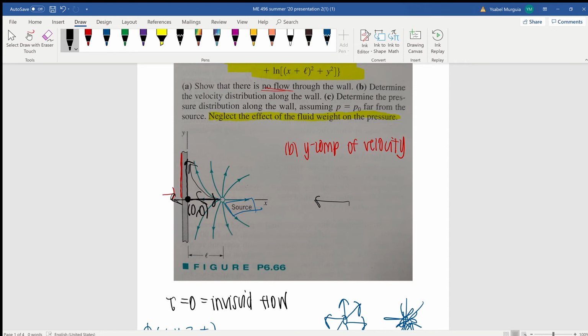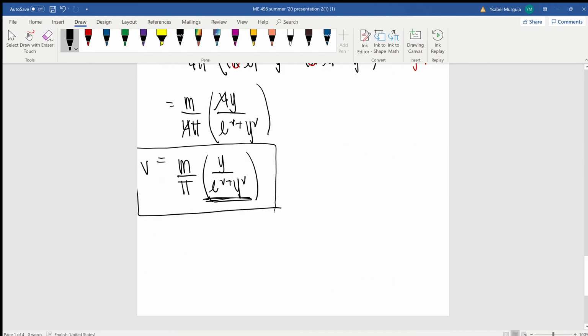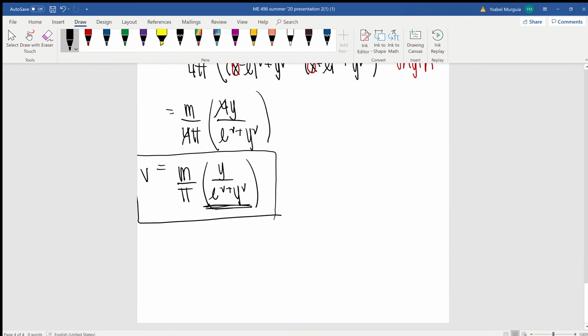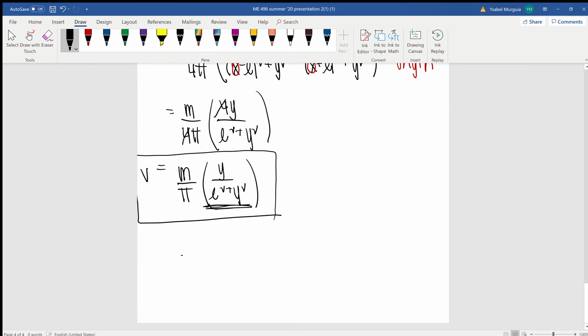So as y gets bigger and as L gets bigger, the velocity is going to be 0, or get closer to 0, or be smaller because we are moving away from the source. So that makes sense, which is how we can explain that. So that's part B. And I'm going to add a page here to be able to solve.